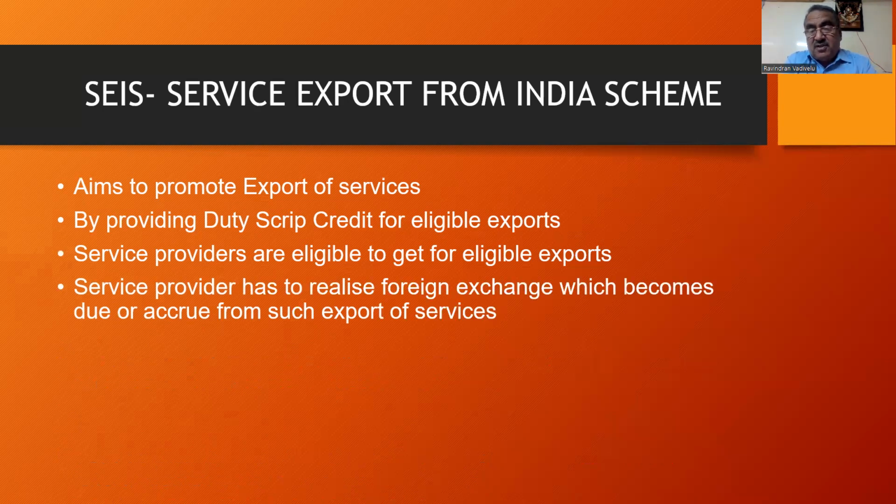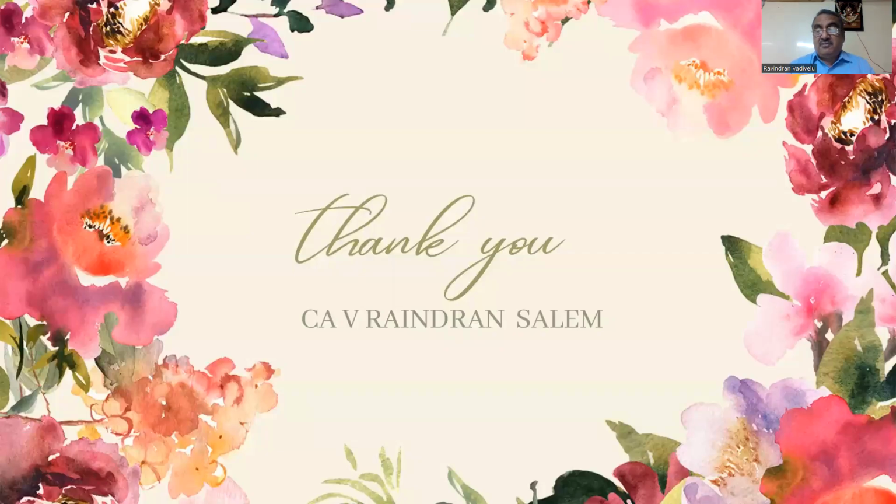This is of very much importance. Not only for export of goods, but for export of services also, you are eligible to get the duty scrip credit, with only one condition: the service provider must realize the foreign exchange and bring it into India. This is what I want to say about project export and service export as per FEMA.